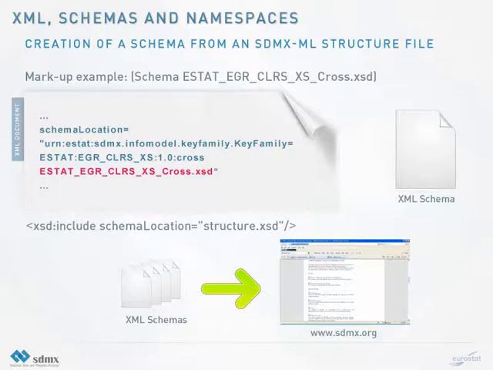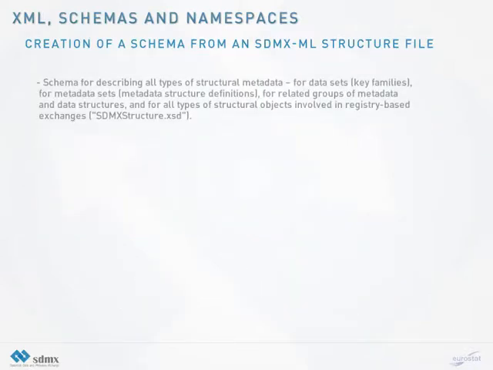Here we can find the list of schemas used in SDMX standard, depending on the format of the message. Schema for describing all types of structural metadata, for datasets, for metadata sets, for related groups of metadata and data structures, and for all types of structural objects involved in registry-based exchanges.